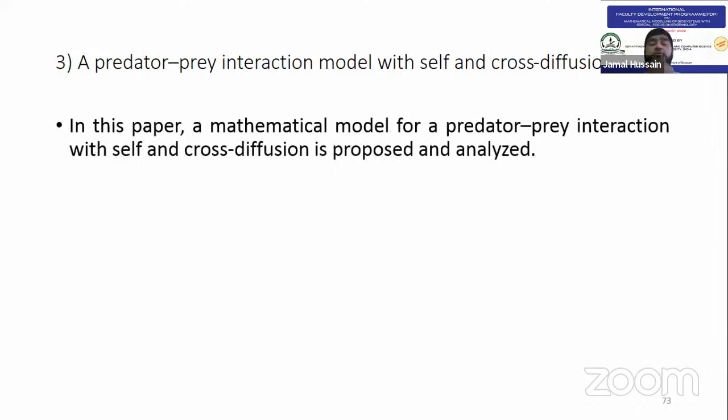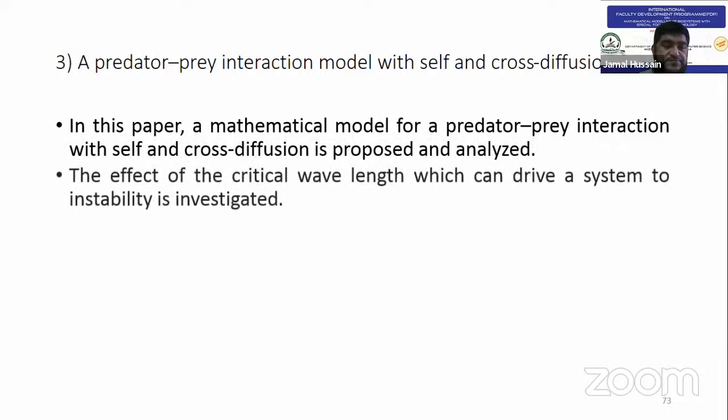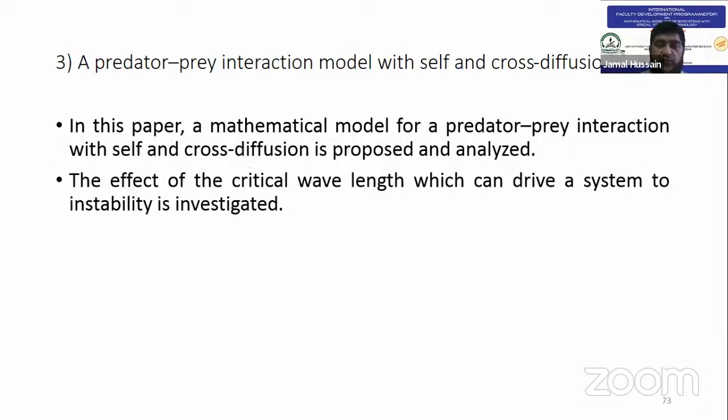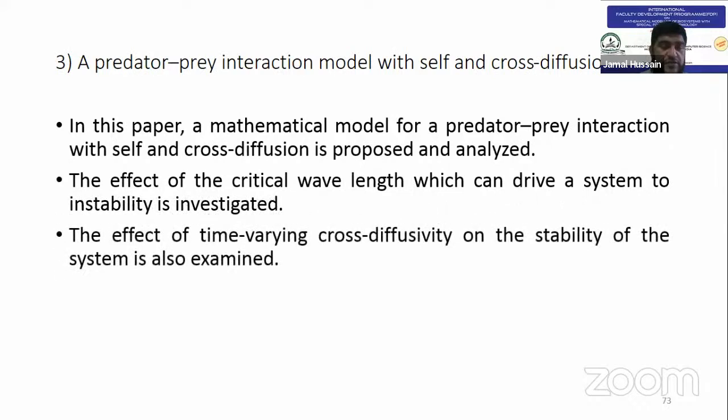In this paper, a mathematical model for a predator-prey interaction with self and cross diffusion is proposed and analyzed. The effect of critical wavelength, which can drive a system to instability, is investigated. The effect of time-varying cross diffusivity on the stability of the system is also examined.